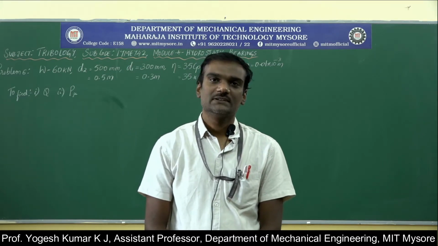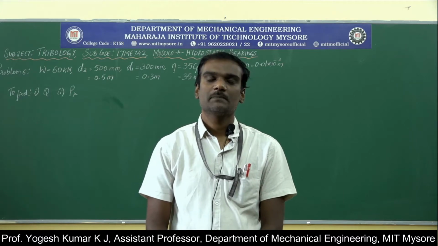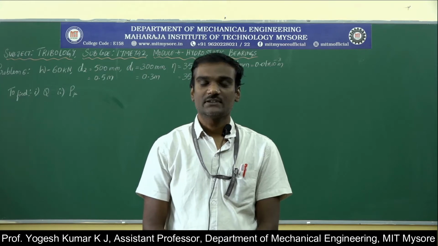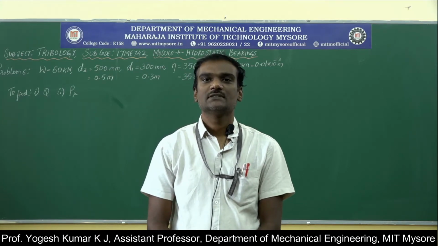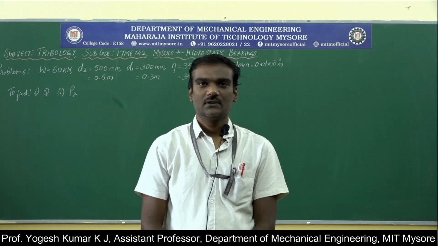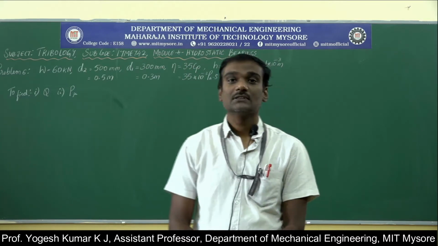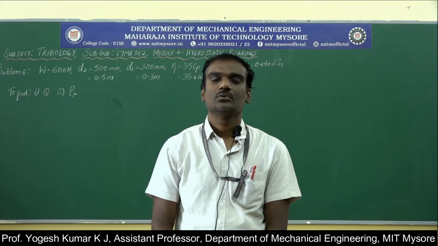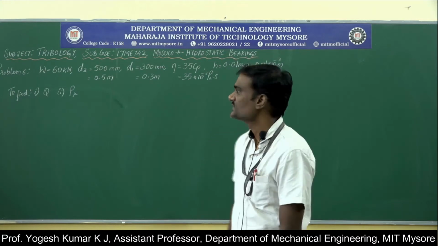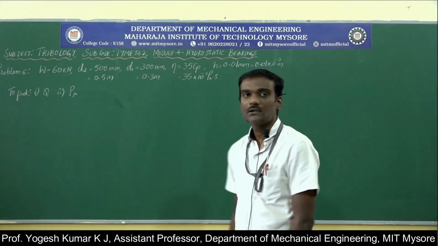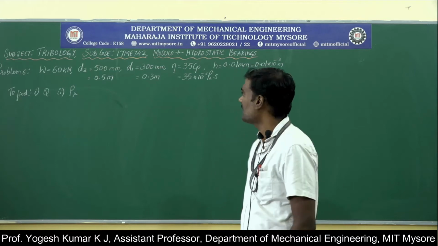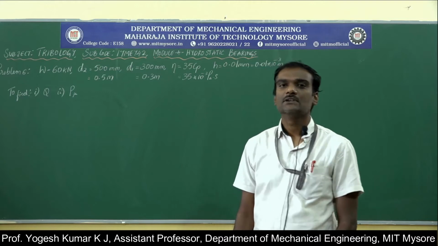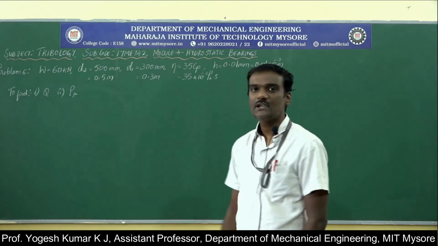The problem goes like this: the hydrostatic thrust bearing has the following characteristics. First one, the load, the vertical thrust equals 60 kilonewton. Diameter of the shaft is 500 mm.